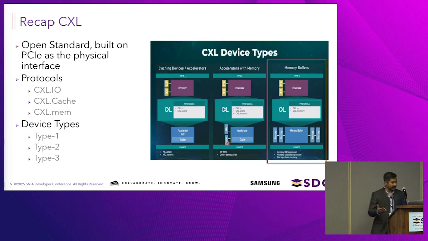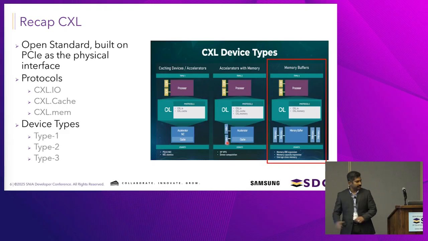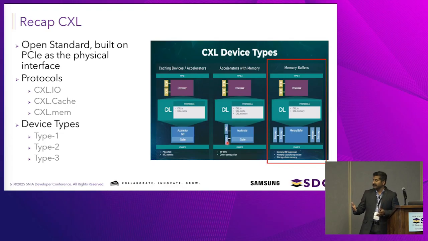It depends on whether this is a device which supports .cache. .cache is where you are trying to access the processor memory to get cache coherency. And .mem, at a very high level, you can think of as the load-store operations going on top of CXL. So all CXL memory devices have to support .mem.